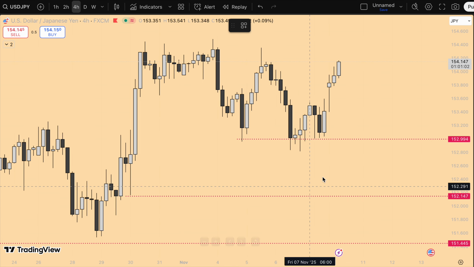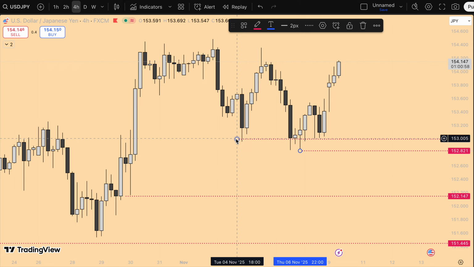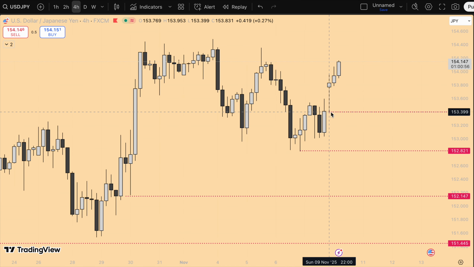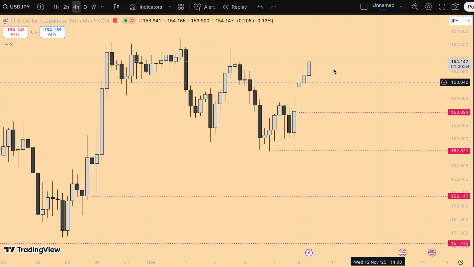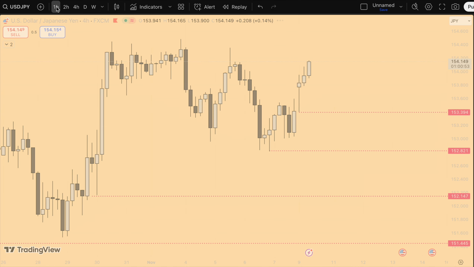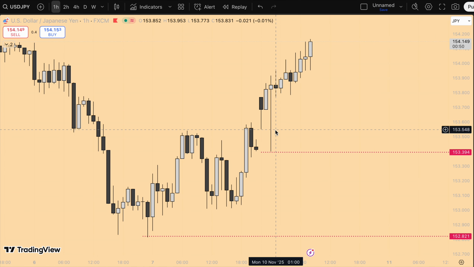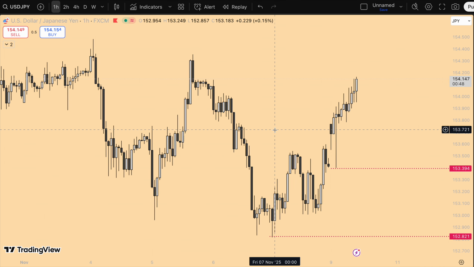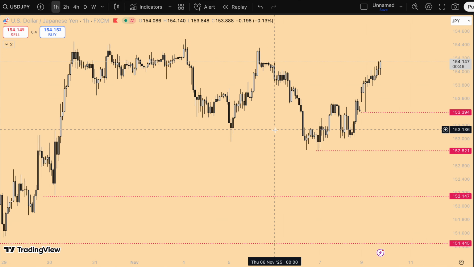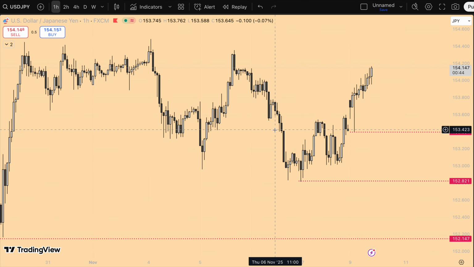So where is the next area of liquidity? We have open right here, then we also have right here. These are areas that you would wait for and then try to scale in positions, or try to get into positions rather. That's all you should be looking for on this.